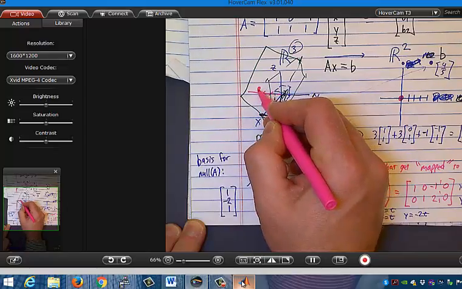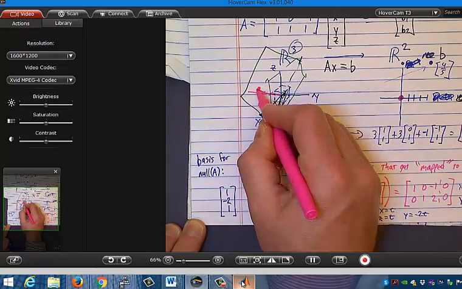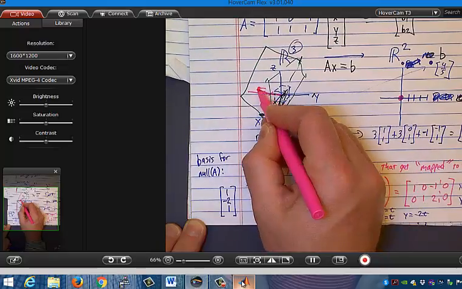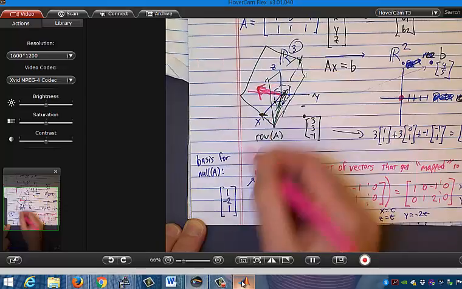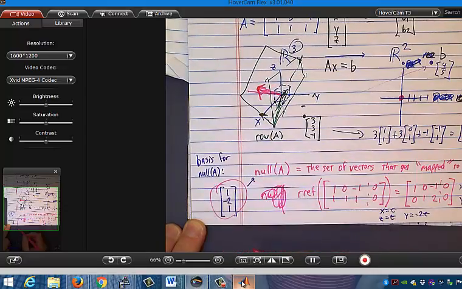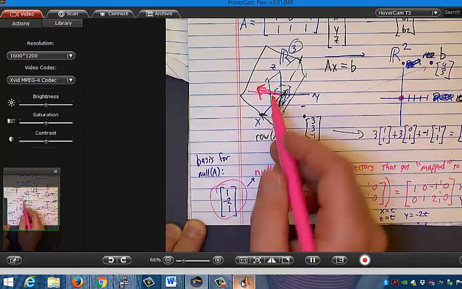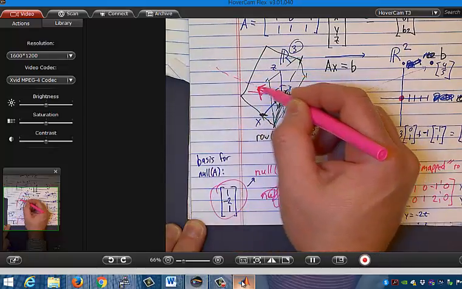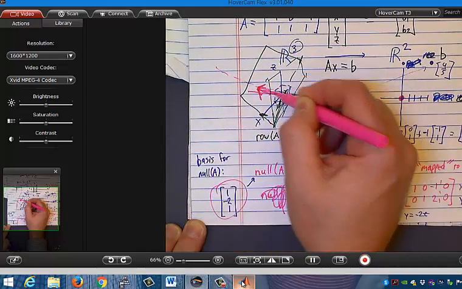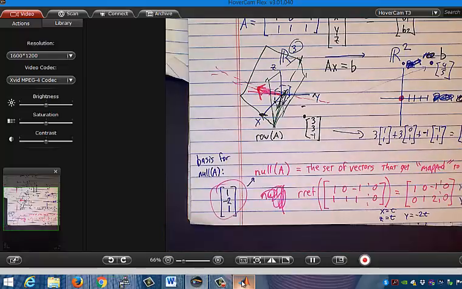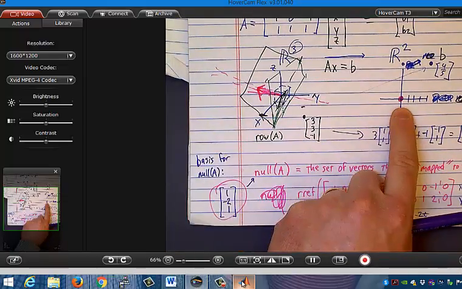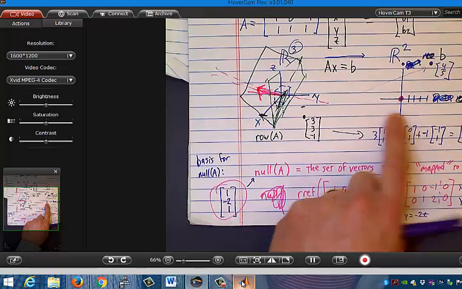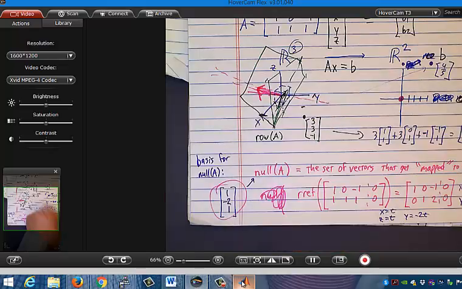So somehow this vector, 1, -2, 1, that one right there, anything along this line, any multiple of that vector, gets mapped to this single point. Isn't that weird? All this gets mapped to there.